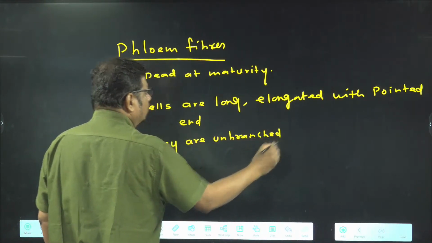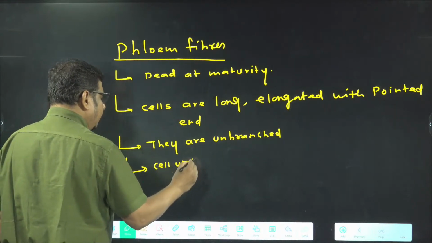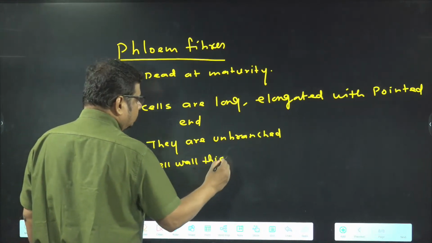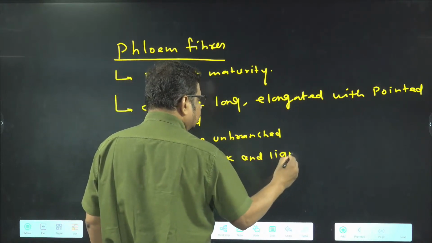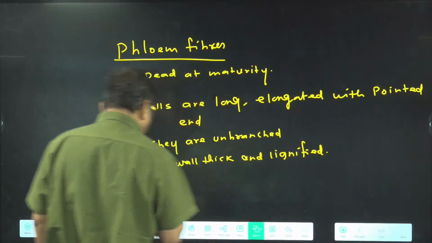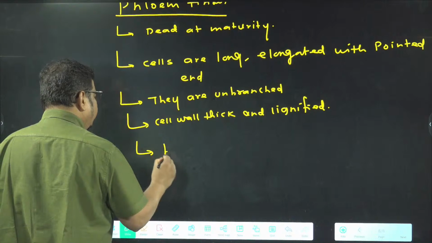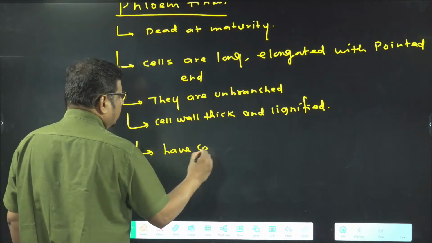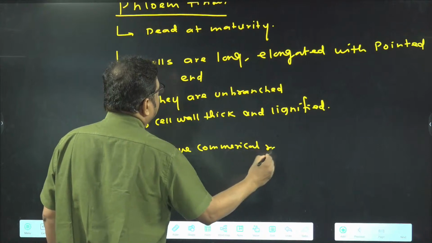No need to say, but I am writing: cell wall thick and lignified. Thick and lignified. Is it or not? Another line I am writing about it: have commercial role.